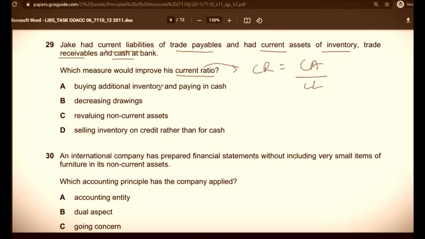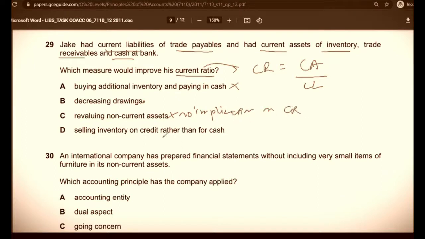Buying additional inventory and paying cash, no, this is just moving money from cash to inventory. So this would not increase my current ratio. Decreasing drawings, yeah, that's kind of true, because then I would have more available. Revaluing non-current assets, this is absolutely wrong because this has no implication on current ratio.